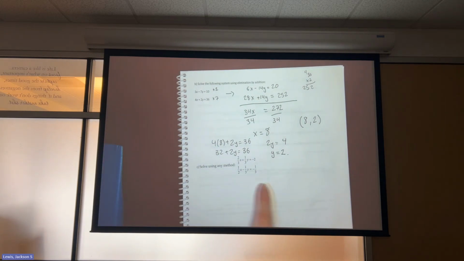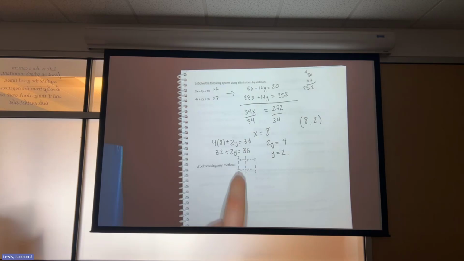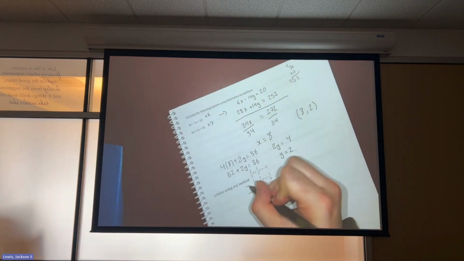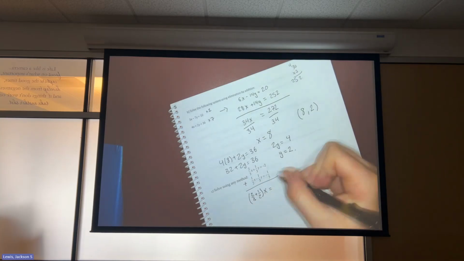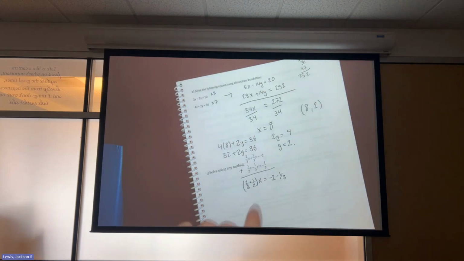Next, it says to solve this system of equations using any method. Which of the two methods seems easier, substitution or elimination? Elimination, because if I add these equations just straight up, the y's already cancel. I'm going to add them. I get 2/3 plus 1/2 x equals negative 2 minus 1/3.